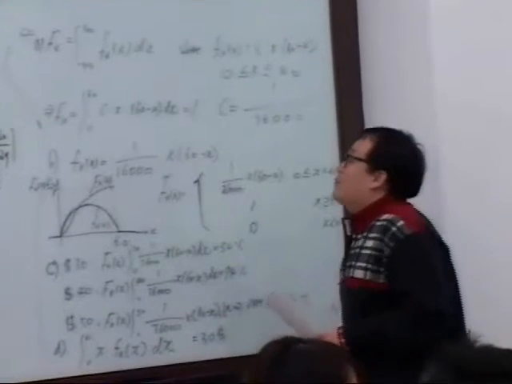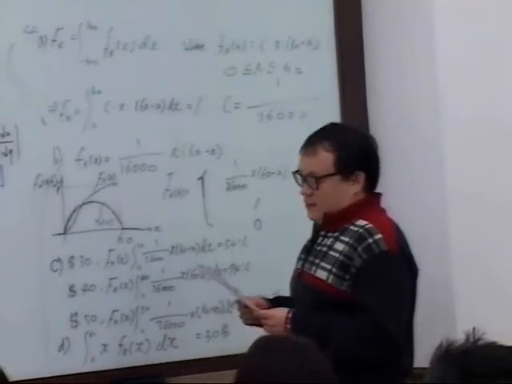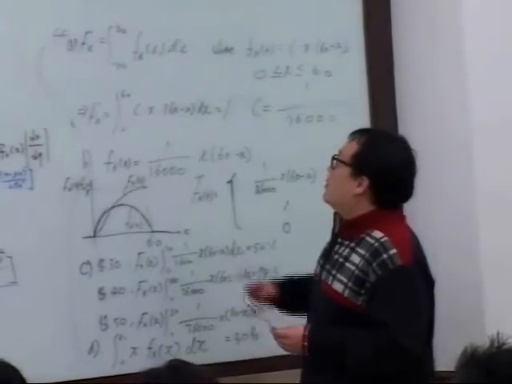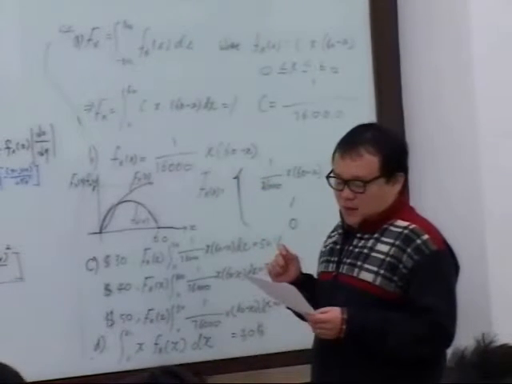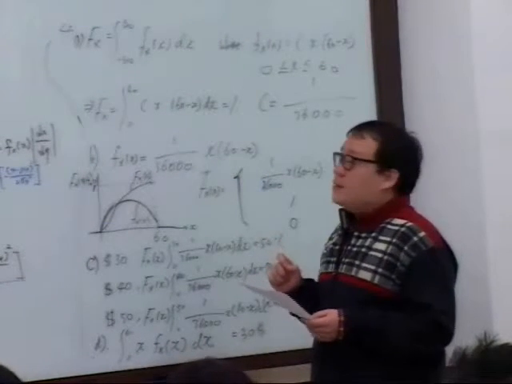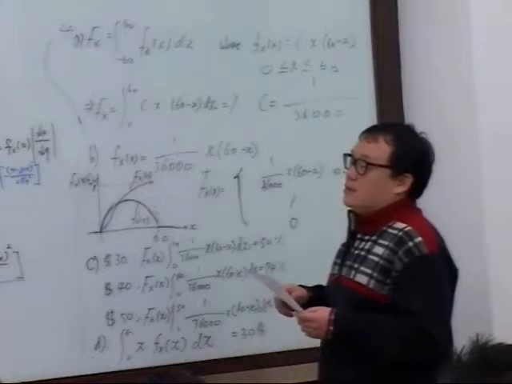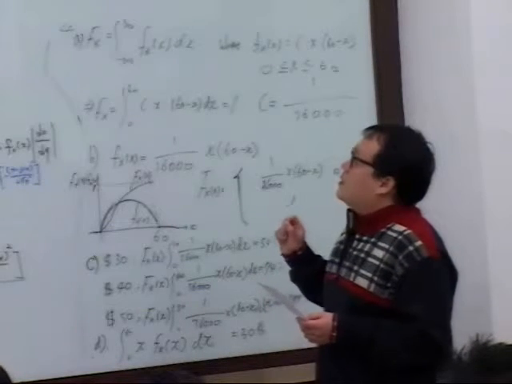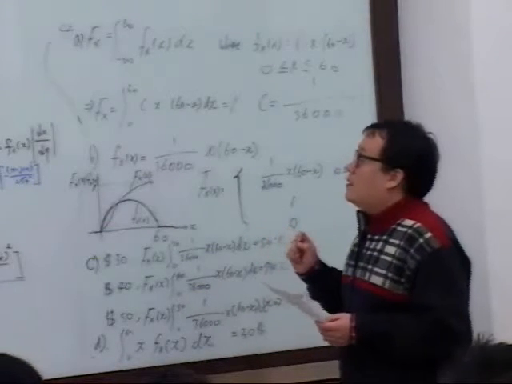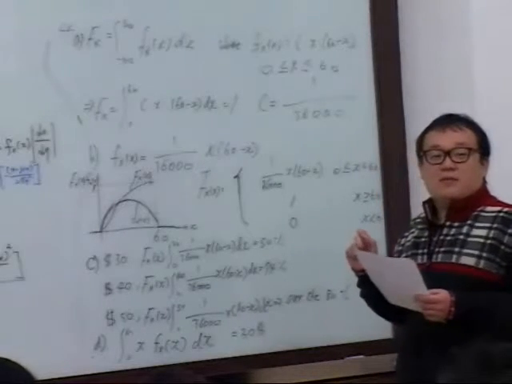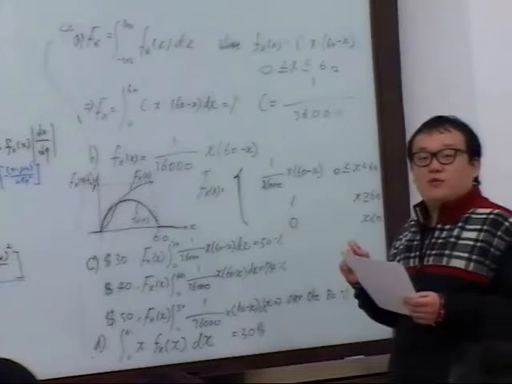Okay, let me explain the problem. The first question is, what is the value of C? As you can see in your exam paper, C is just a certain constant. When you think about the CDF graph, we can easily figure out what value it should be.